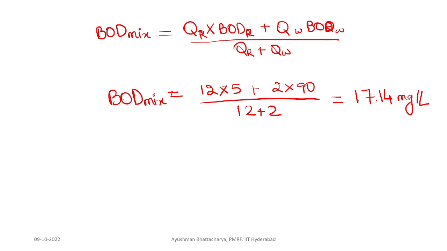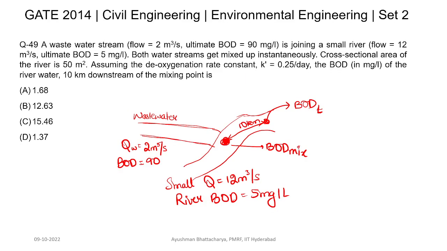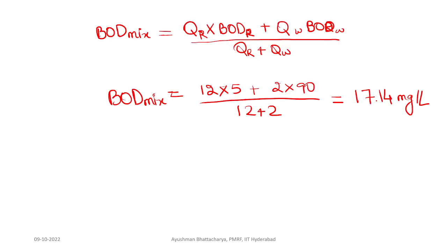Now, after knowing the BOD mix, we have to calculate for 10 km downstream. How many days will the water take to reach the point 10 km downstream? We know that velocity is equal to discharge upon area, Q mix divided by area.